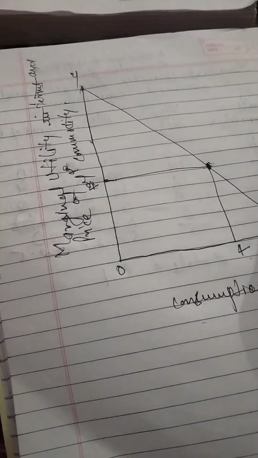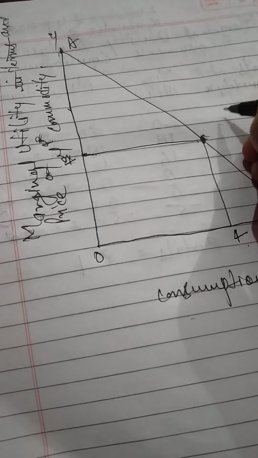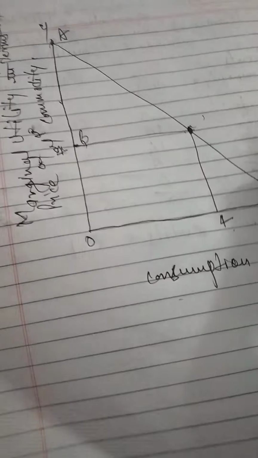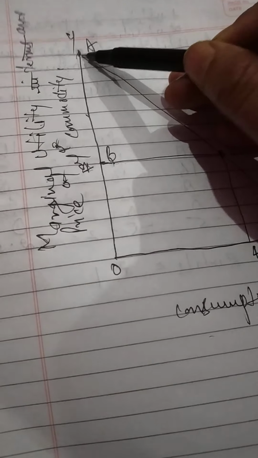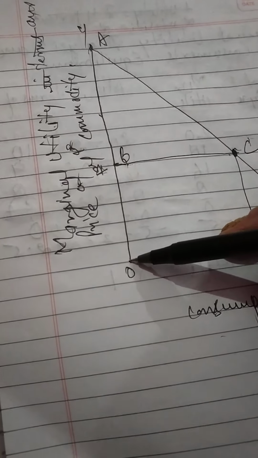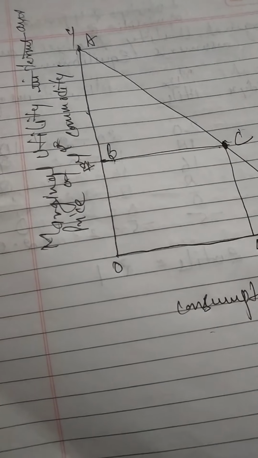Let us name the points: this point is A, this one is B, this one is C. So at point A, the initial point, consumption is 0.